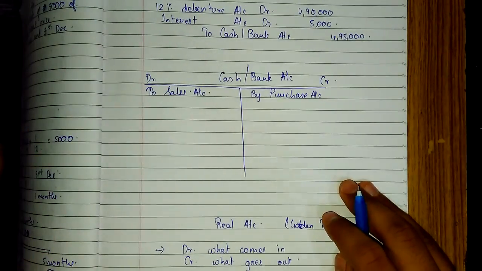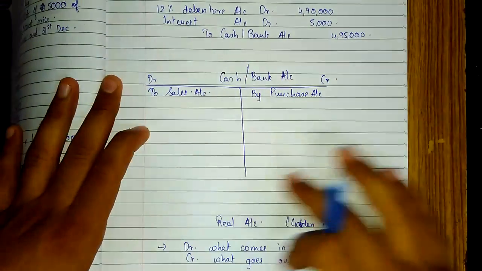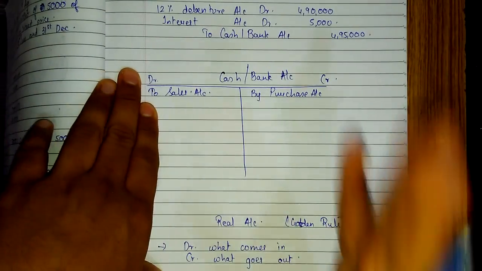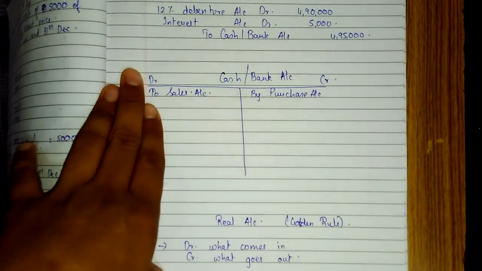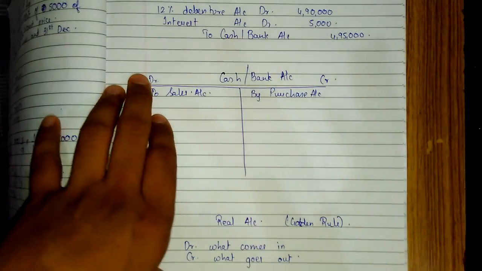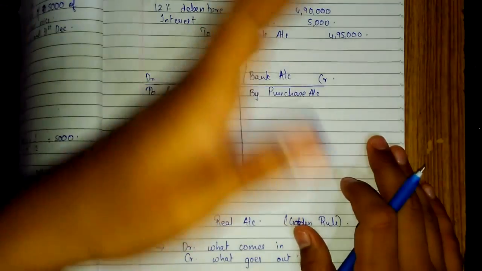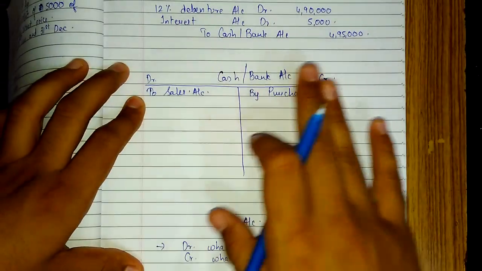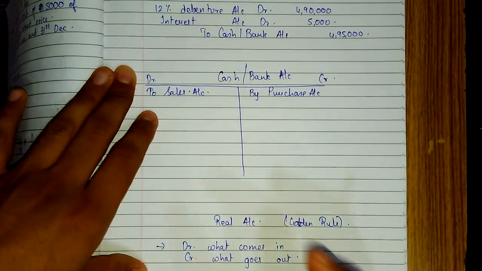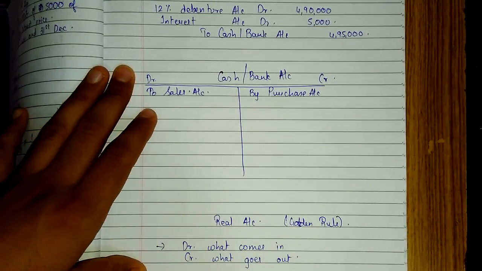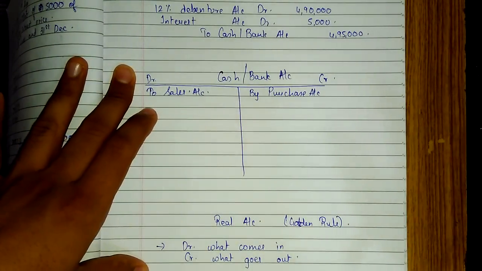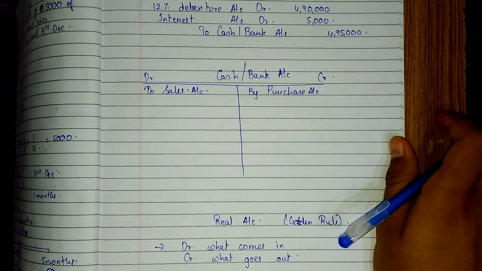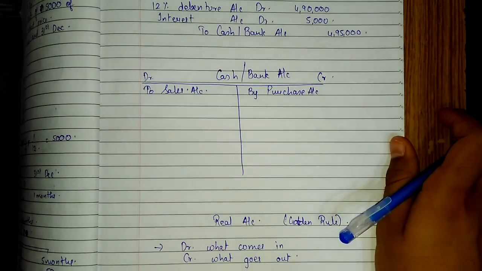If you don't understand the difference, please write this because it will help you in the future, because we will have to deal with cash account, debtors account, creditors account, purchase account, sales account, and many accounts while solving other chapters. So first please write this part. It is not appropriate to study this at the IPCC level, but still it is never too late. Before it gets too late, please write it somewhere where you can see it, read it, understand it.